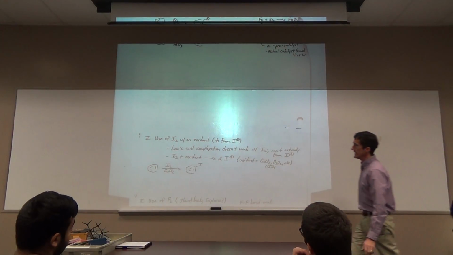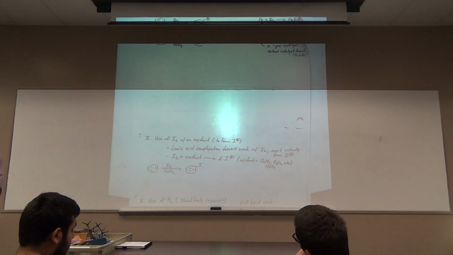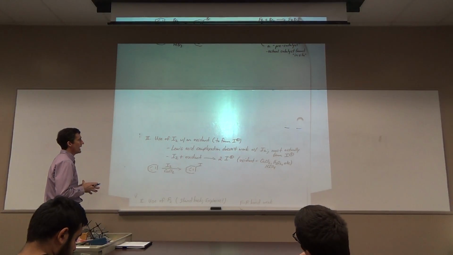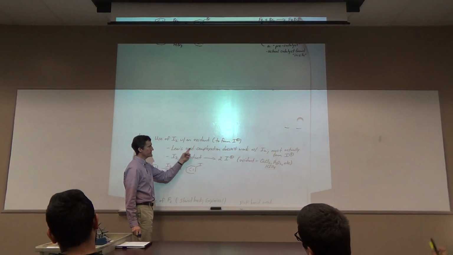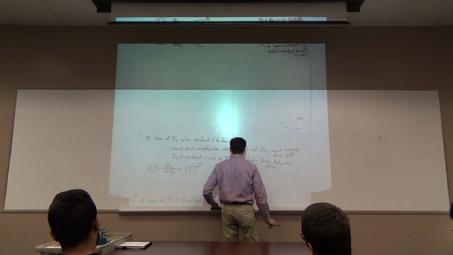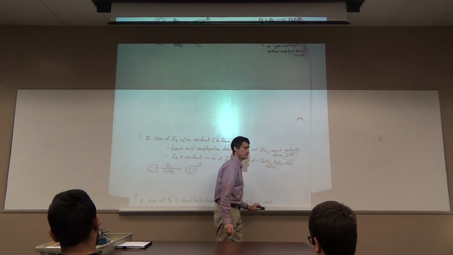Okay, what about iodine? Well, iodine is not that reactive. Even complexing the iodine with the Lewis acid, it still doesn't work. With iodine, you need to actually form I+.